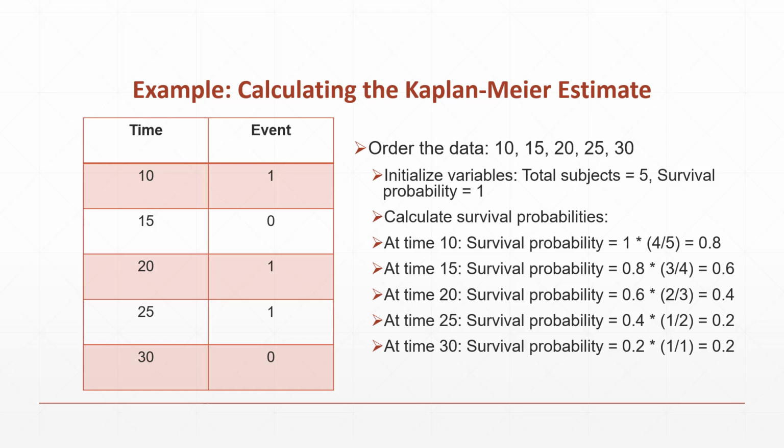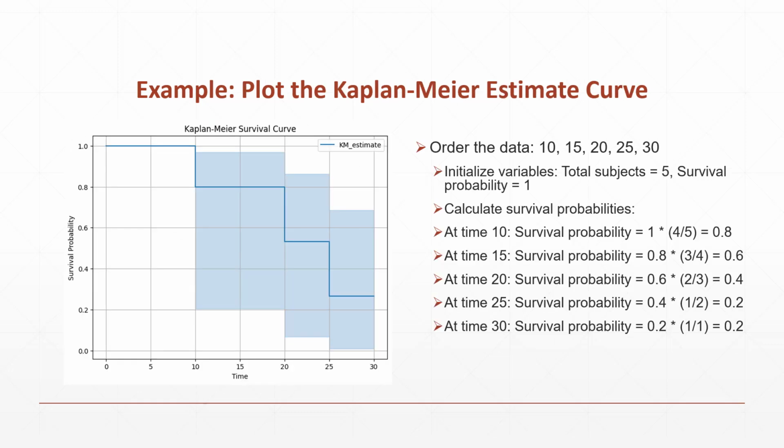As we plot this probability, we get the Kaplan-Meier survival curve. So if you plot the survival probability, you will get what is called the Kaplan-Meier estimate curve. This curve is shown on the left-hand side, and it is a fundamental visualization tool in survival analysis.